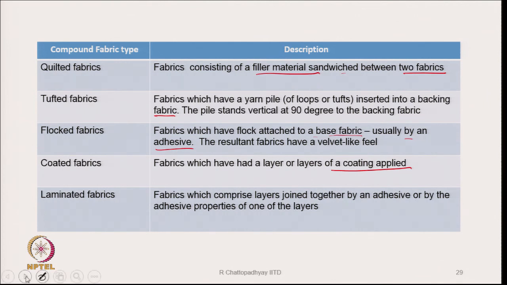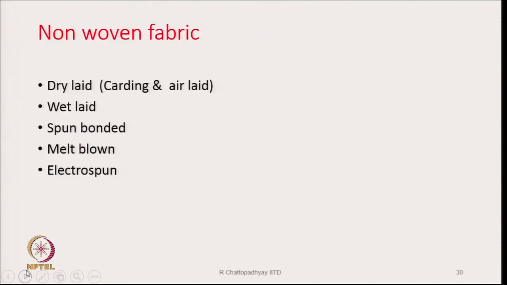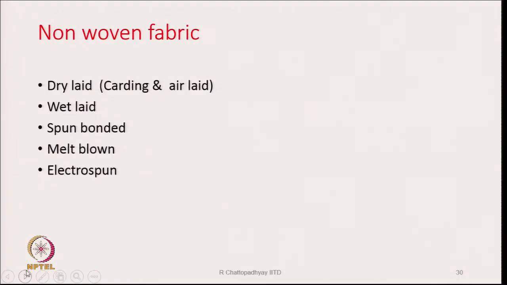So, there are so many types of fabrics which can be used. Now, we come to the non-woven fabrics also. This is another technology to produce a 2-dimensional sheet or a 3-dimensional sheet, depending upon the type of thickness or GSM we require.